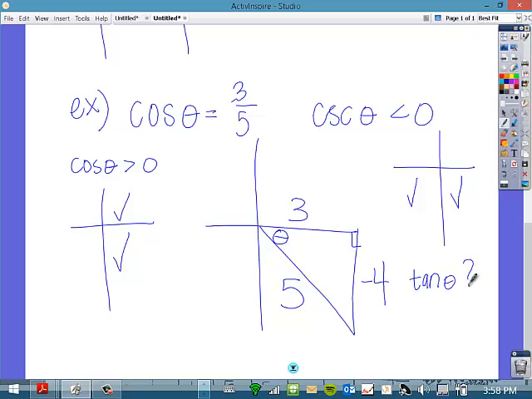Well, tangent is opposite over adjacent. Opposite would be -4 and adjacent would be 3. So you just use these two pieces of information to help you figure out what is tangent of theta of this triangle.